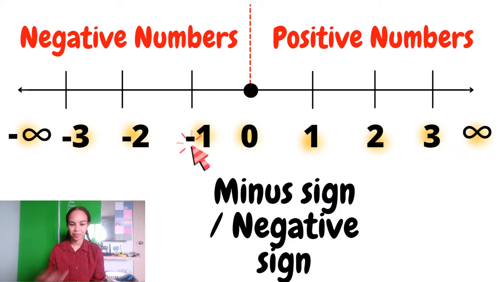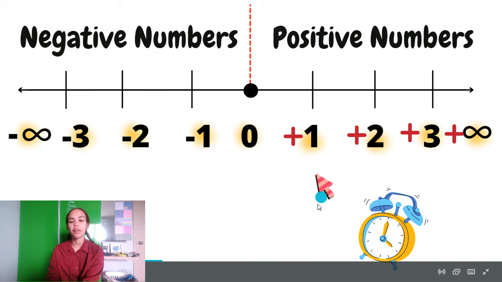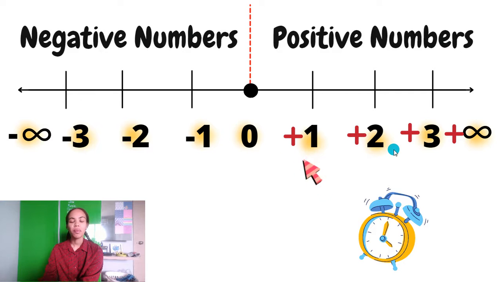Okay, here we go. The only difference between positive numbers and negative numbers is the minus sign in front of them, the minus sign or the negative sign. Okay, so if I want to, I can do a plus on all of these numbers. I can write plus 1, plus 2, plus 3, plus 4, plus 5, plus 100, plus 1,000, plus 1,000,000.